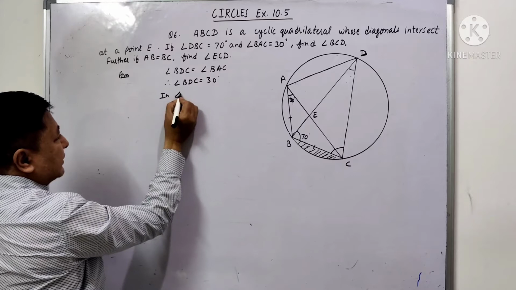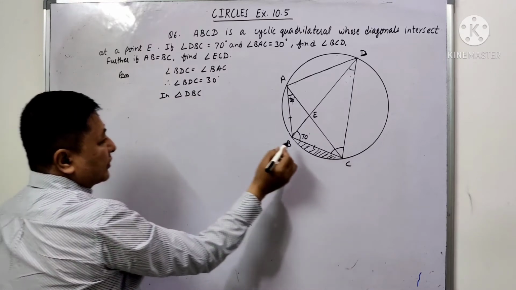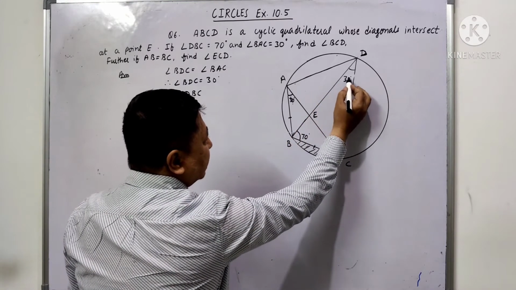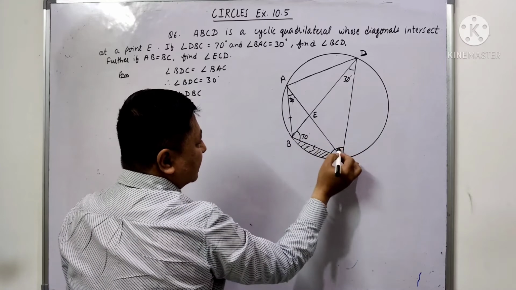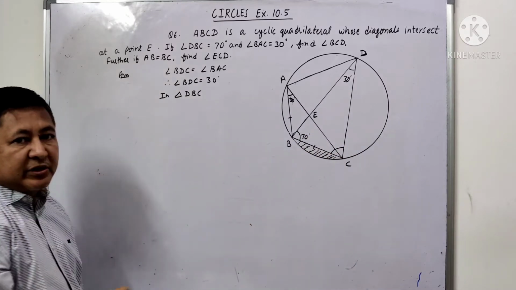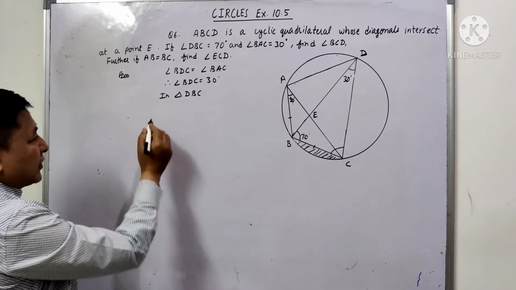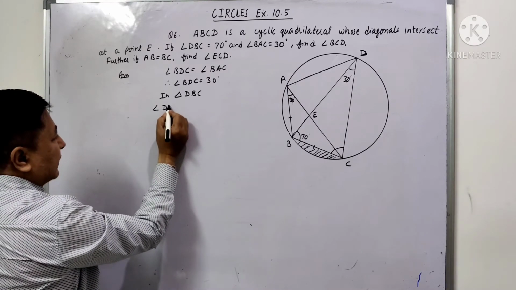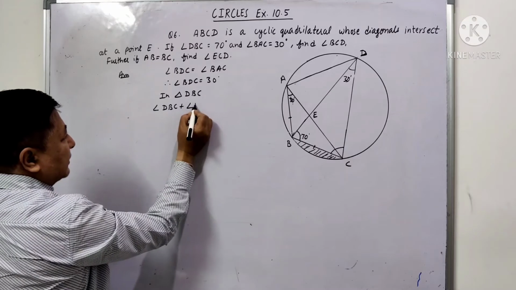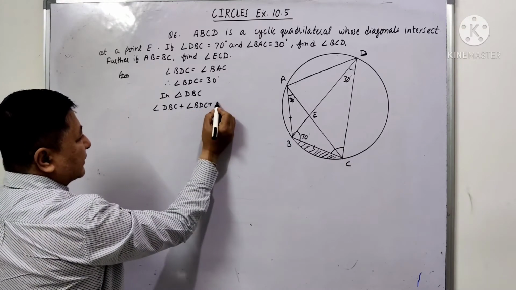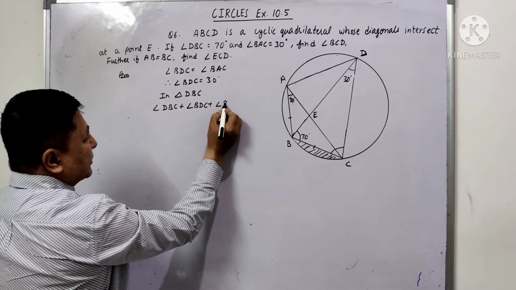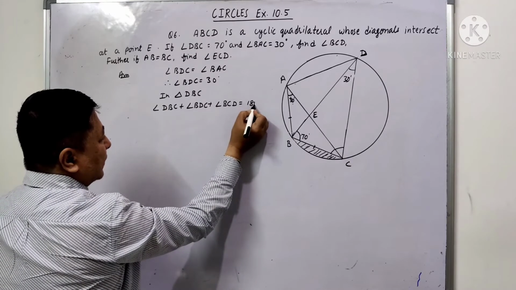Now we'll take the triangle DBC. We know that this angle is 30 degrees now. So this angle plus this angle plus this angle is 180 degrees, as the sum of all the angles in a triangle is 180 degrees. So angle DBC plus angle BDC plus angle BCD is equal to 180 degrees.